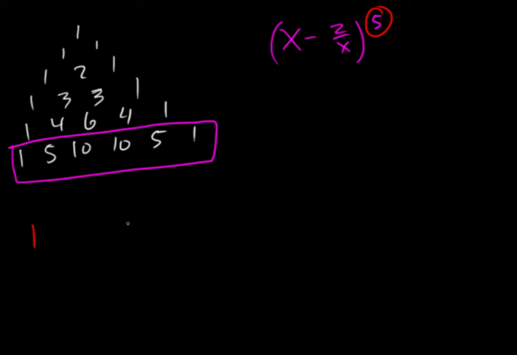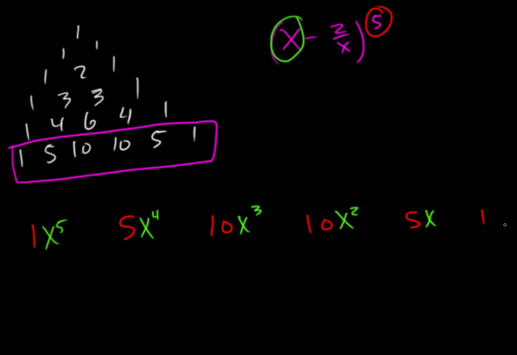And what we're going to do is we're just going to write that row, but kind of spaced out, like that. Then we're going to take the first one and start at the exponent, and then just keep dropping, and then nothing right there. Then we'll take the second one, and we'll do the same thing, but we'll do it backwards.